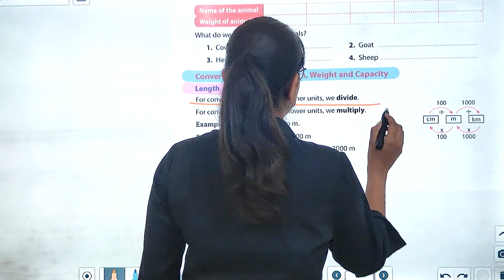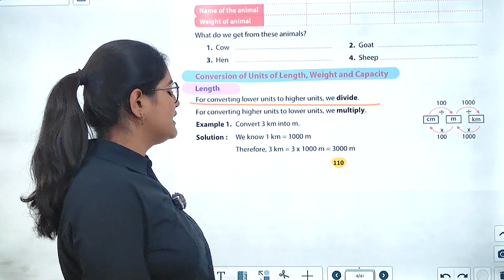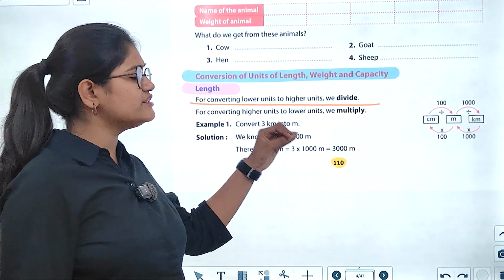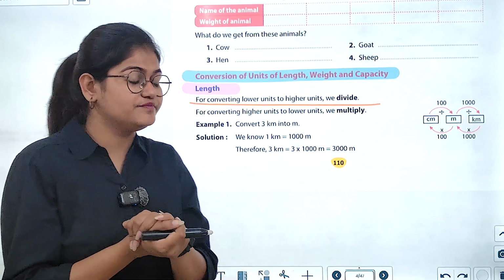For converting lower units to higher units we divide. कि अगर हमें lower units को higher units में convert करना है तो हम divide करते हैं.